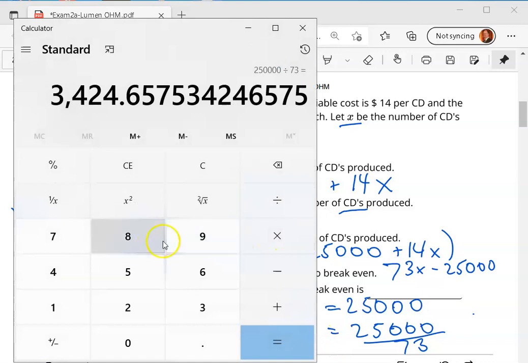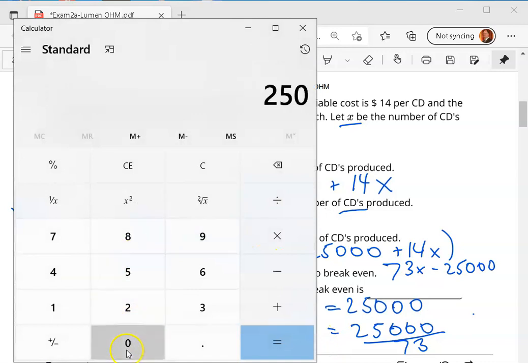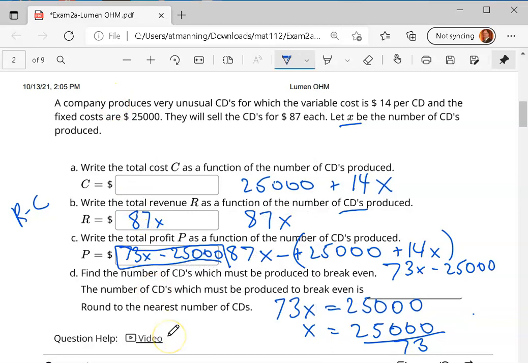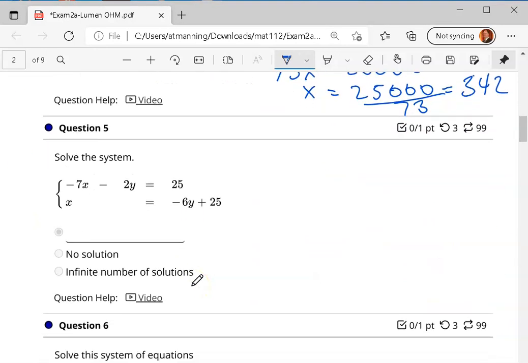Let's try that. Make sure I got that right. 25,000 divided by 73 equals. There we go. I had too many. I thought, maybe that sounds like too big of a number. 342.4. Oh, they said round it, so you round it to 342. There we go. So x equals 342. My first calculation I messed up. Okay, on to the next one.